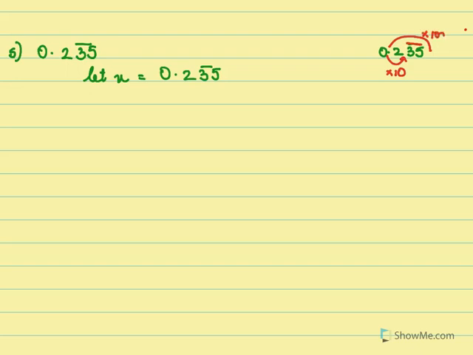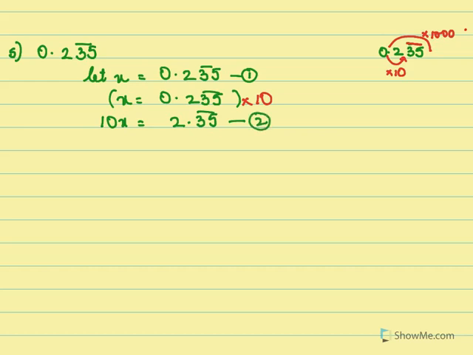This is the recurring. So I need to multiply then by 1000. And that's exactly what I'm going to do. So first I multiply x equal to 0.235 bar by 10. So you get 10x equal to 2.35 bar. That is equation 2.